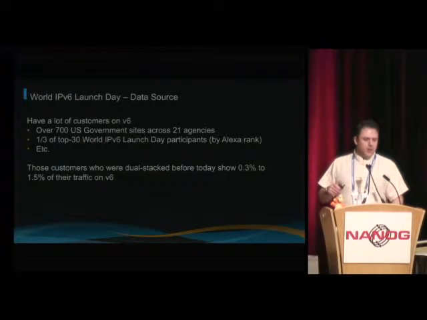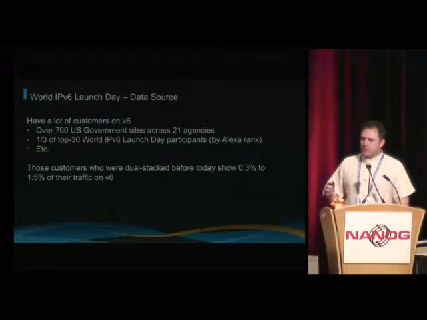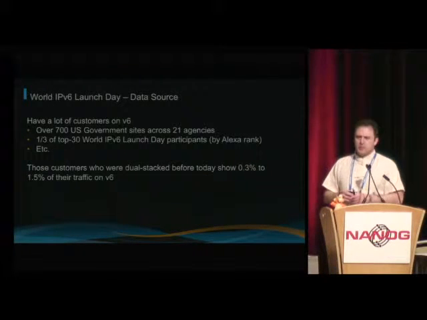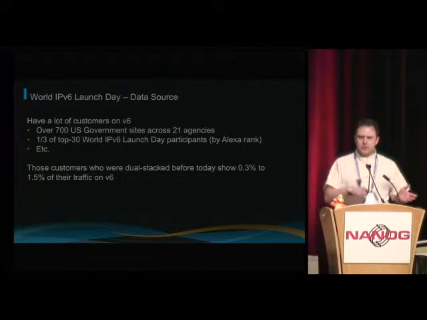So the point is that we do actually have some real data to show here. There are a lot of customers on our system using v6, and there's actually more v6 now than there used to be. It's going up quite rapidly. Some of the sites have 1.5% on native v6, and that's compared to what it was last year, and compared to what it was 2 months ago. That's actually quite a bit.